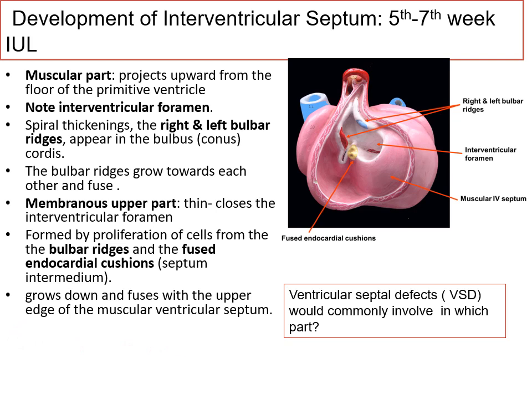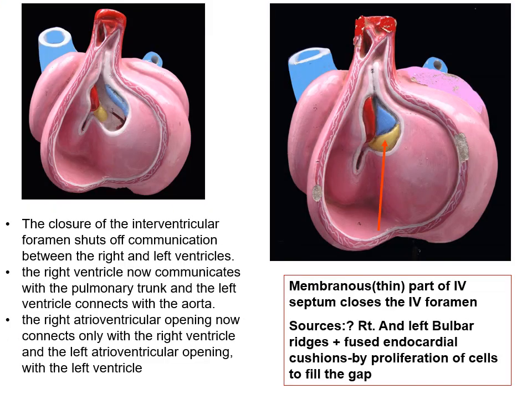So let's see how it looks after fusion. This shows you the different contributions from different sources for the interventricular septum. Here, this pink area is the thick muscular part of the interventricular septum growing upwards from the floor, and in the colored areas, the yellow represents the endocardial cushions and the right and left bulbar ridges.